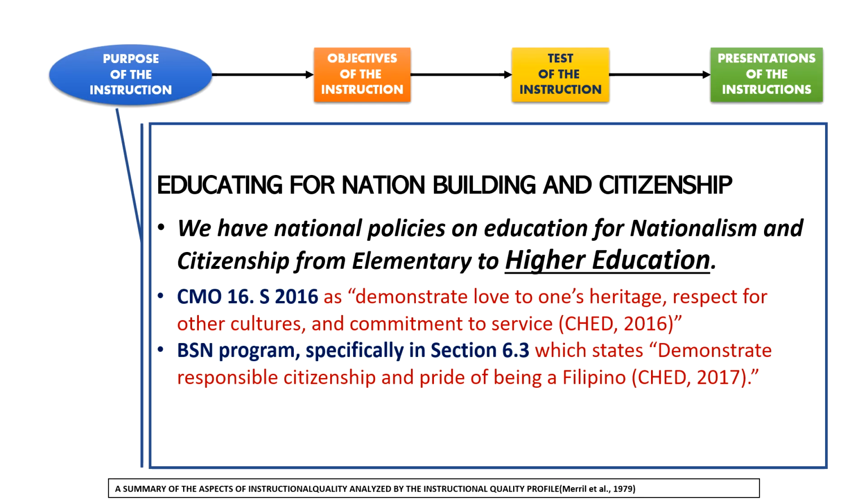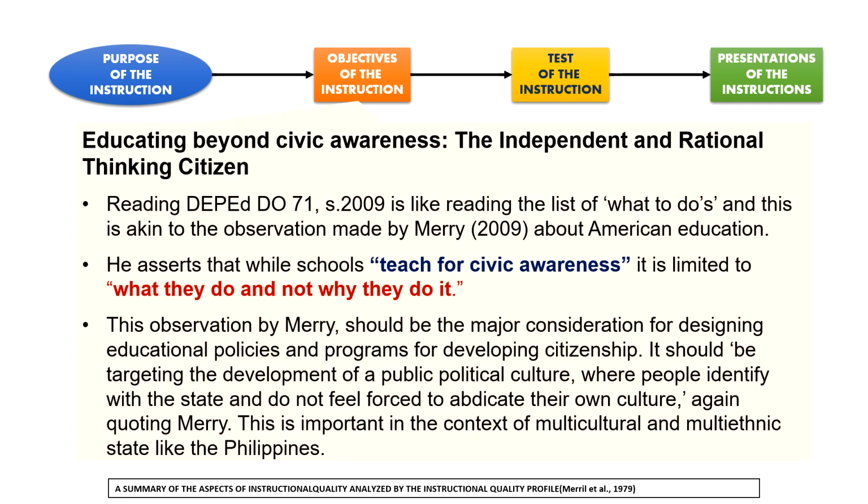That is part of the BSN program, specifically in section 6.3, demonstrate responsible citizenship and pride of being Filipino, CHED 2017. We have educating beyond civic awareness, the independent and rational thinking citizen, that will be Department Order 71, 2009, as I mentioned earlier.